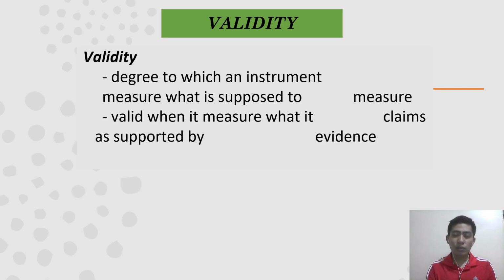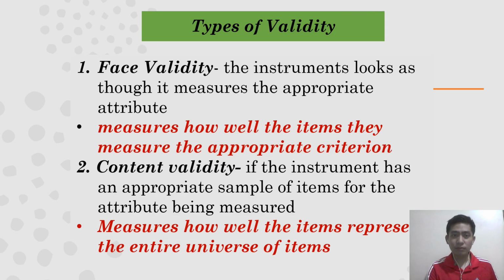So we have done on the reliability. Now is the validity. Validity is the degree the instrument measures what it is supposed to measure. Validity when it measures what it claims as supported by evidence. So we have different types of validity. We have the face validity: the instrument looks as though it measures the appropriate attributes.